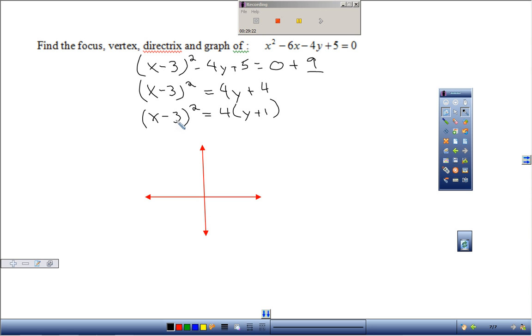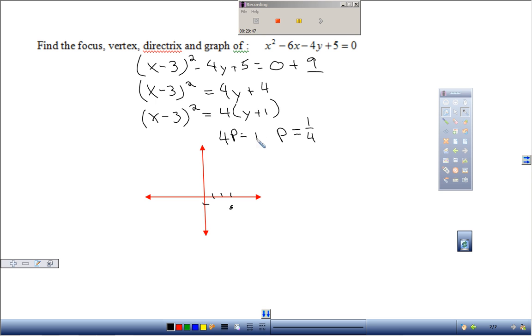The vertex is at 3, negative 1: 1, 2, 3, down 1.